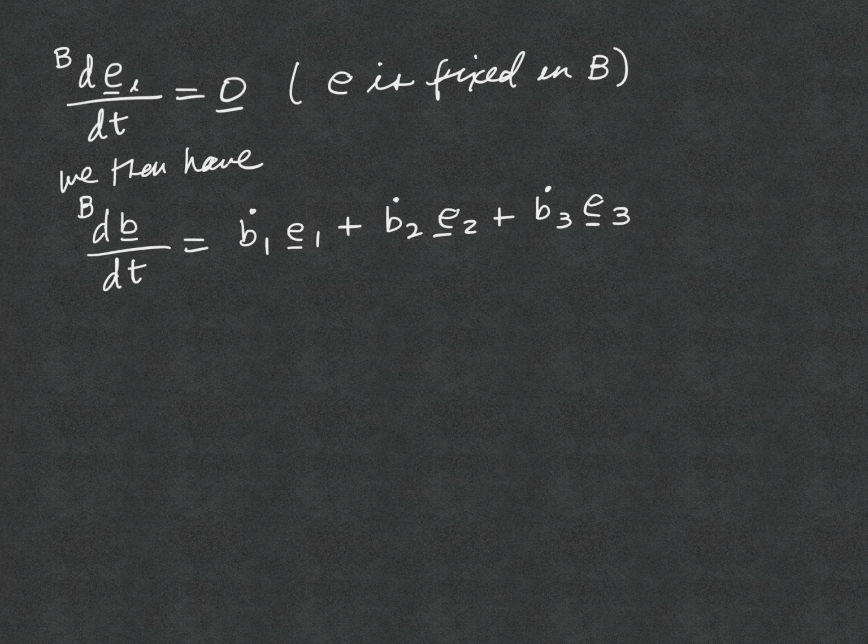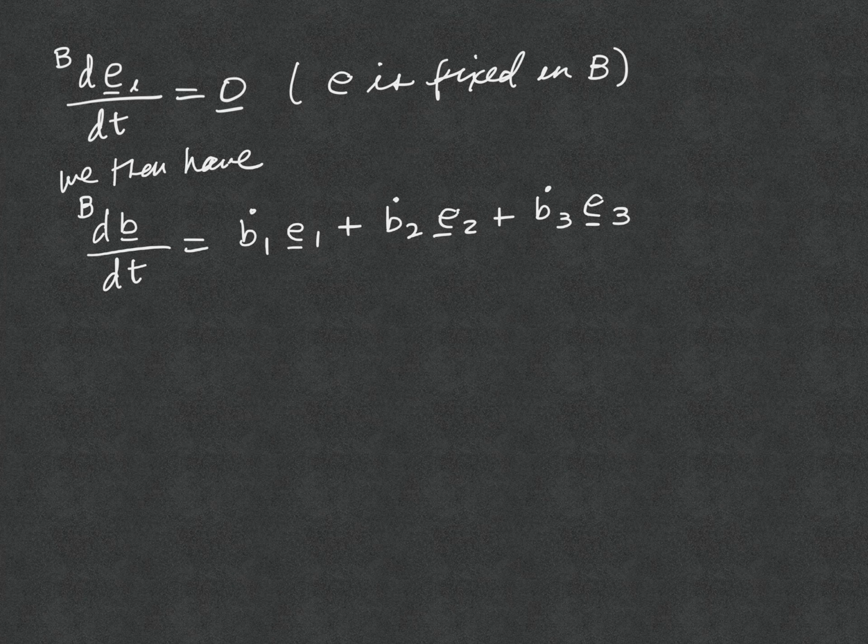So now, ultimately, what we want is the rate of change of the vector B in frame A. And in order to obtain that rate of change, we have to work with these basis vectors E1, E2, and E3.